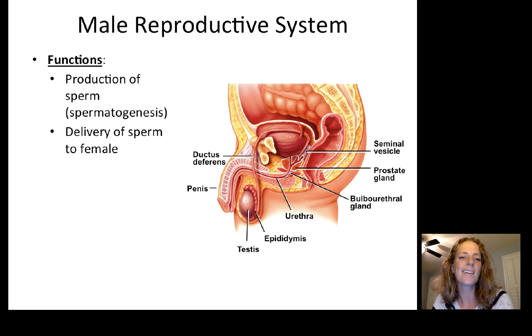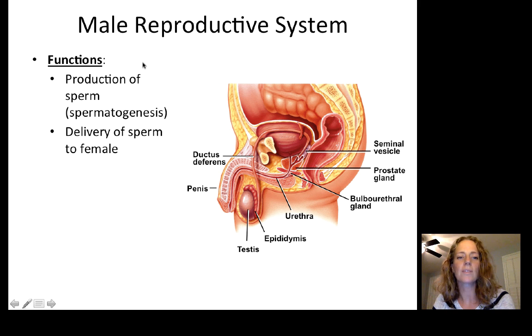So while we're on this subject, I want to let you guys know that when we talk about reproductive, we are not going to spend a lot of time talking about the actual act of sperm delivery and sperm receipt in males and females. In other words, we're not going to spend a lot of time talking about copulation. That is more appropriately covered in a health course that covers the psychology of sex, the actual act of copulation, all of that.